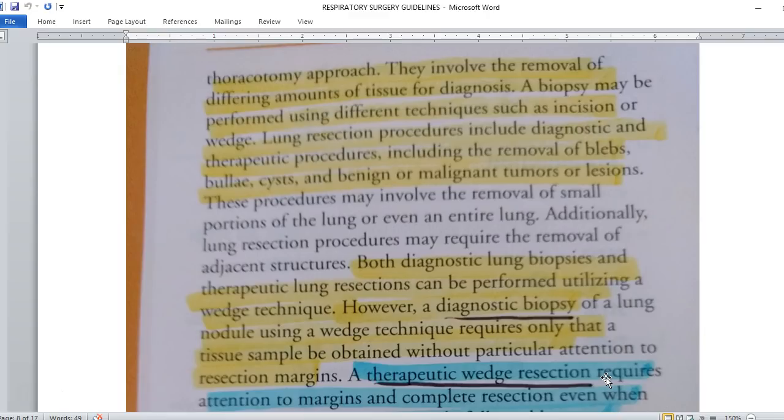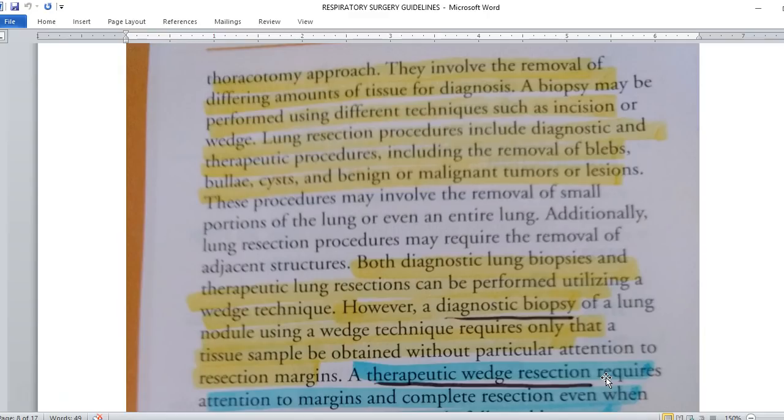Now, a biopsy may be performed using different techniques such as incision or wedge. Lung resection procedures include diagnostic and therapeutic procedures, and include the removal of blebs, bullae, cysts, and benign or malignant tumors or lesions. These procedures may involve the removal of small portions of the lung or even an entire lung.